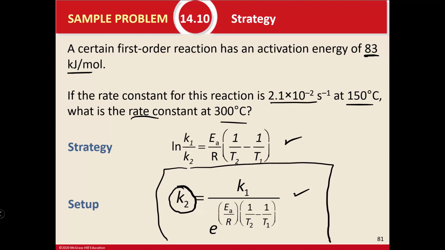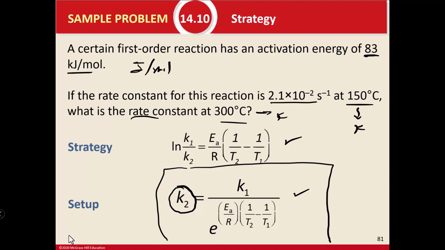All right. The next thing, so let's say you get this part right. The most common mistakes, if you get the equation right, is not converting these degrees Celsius to Kelvin. You have to do that. And not converting the 83 kilojoules per mole to joules per mole, because that's what your E sub A is.